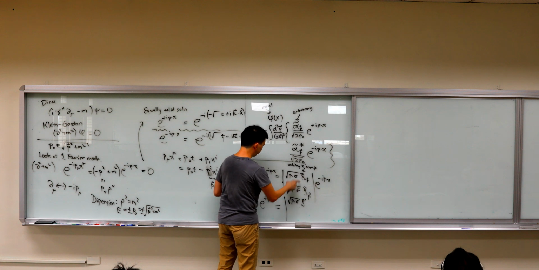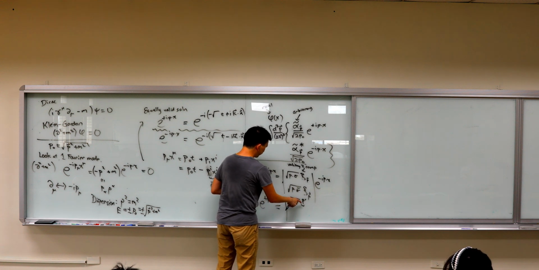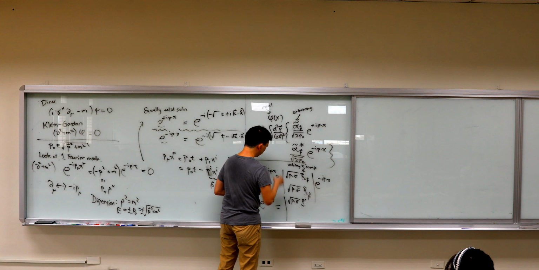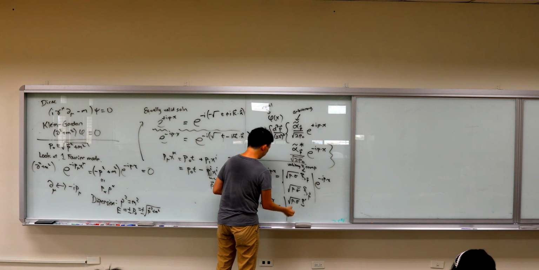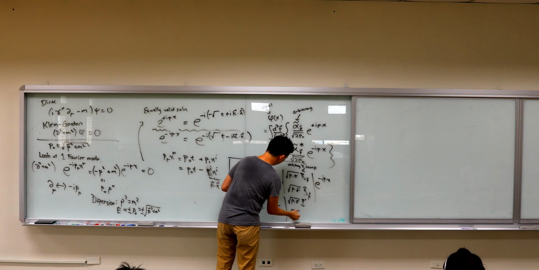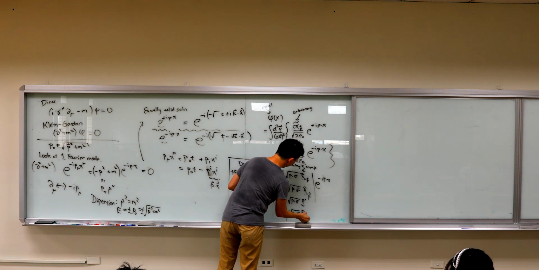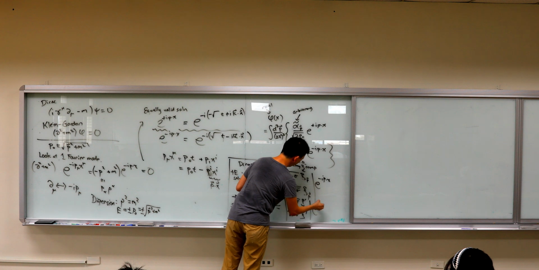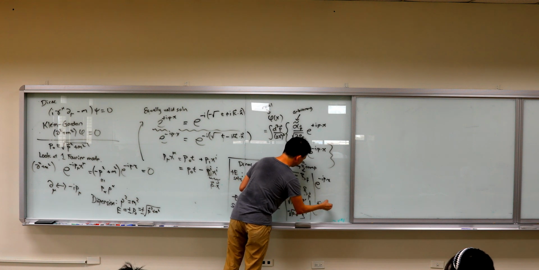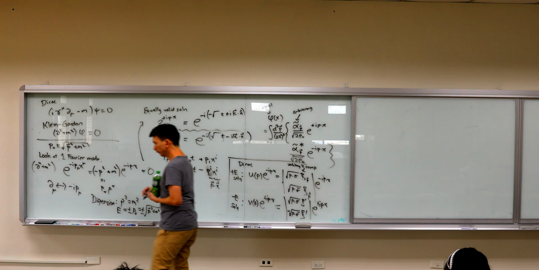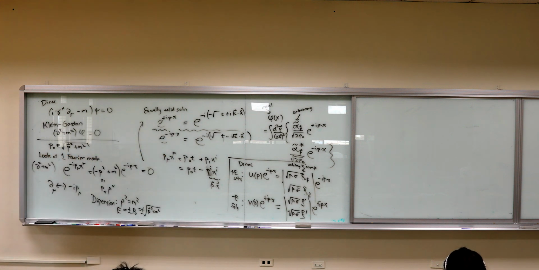I call it prime because in principle, these spinors can be different. And then we have P dot sigma bar with a minus sign here, C prime, e to the plus i P dot X.